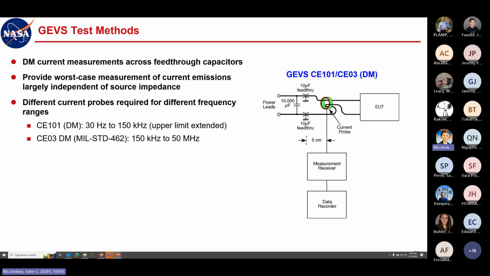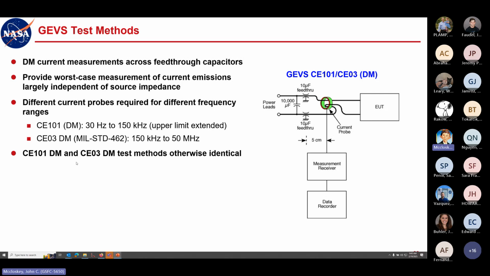CE 102, for all the reasons that I've said, is not a meaningful measurement and is not desirable. It's non-trivial to try to correlate what you measure with CE 102 to a typical power bus that we have on a spacecraft. So where I say if you're doing a current measurement, call it CE03, not CE 102, because that is what you are doing.